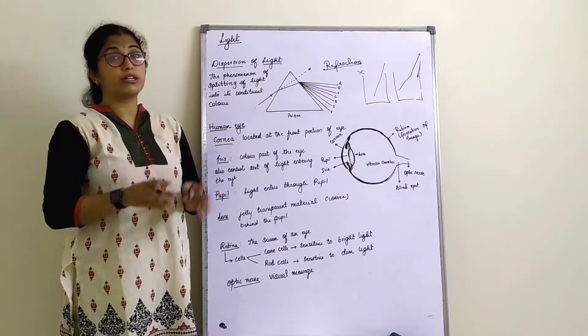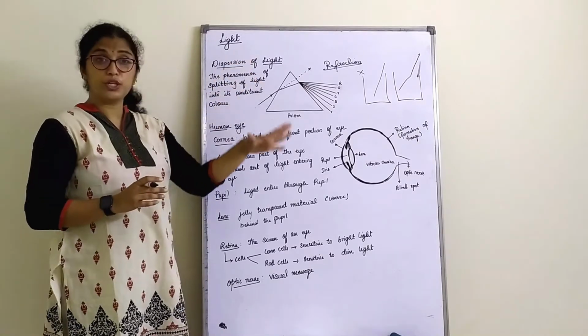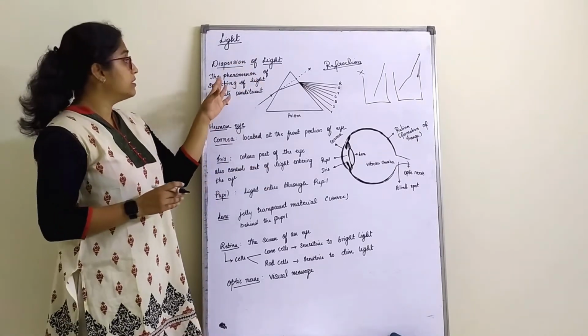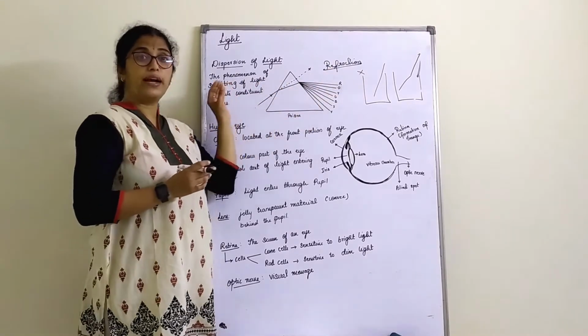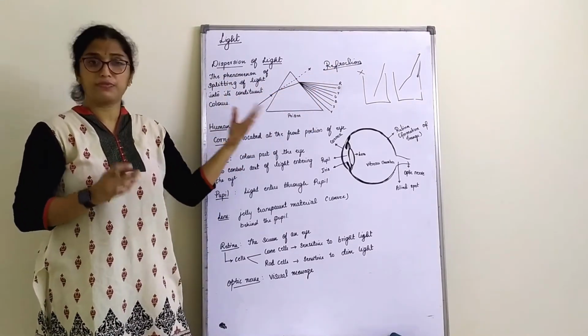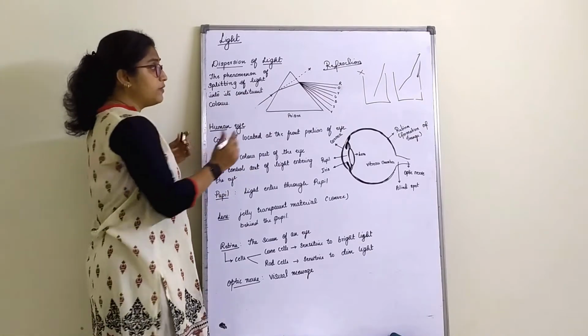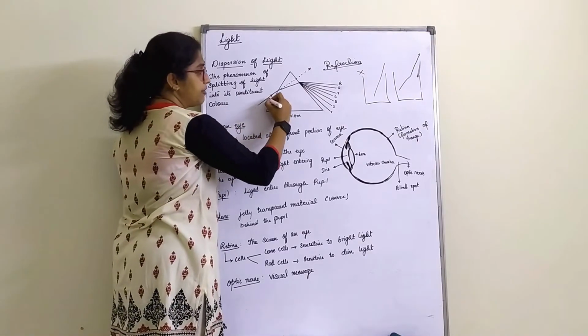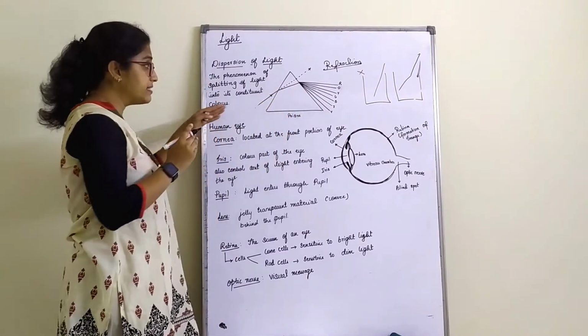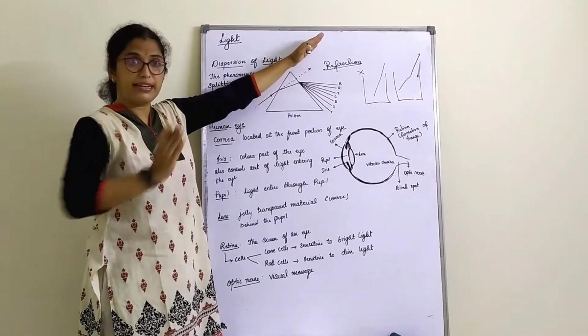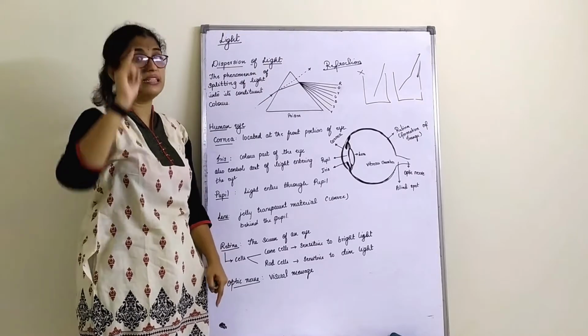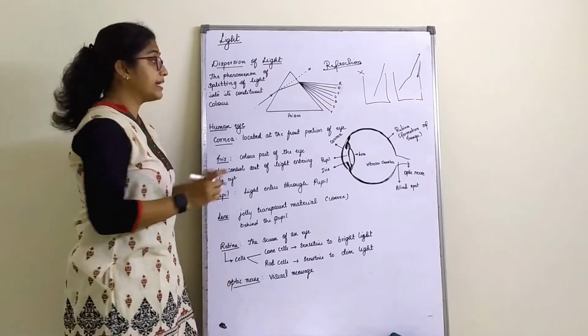Now in your book what they have given, what is dispersion of light? Splitting up of a white light into its constituent colors when a white light is passed through a prism. That's all that is given. But actually what happens here, now this is a white light. If a white light is entering a prism, it has to enter straight. Of course, a ray of light always travels in a straight line. We all know that.